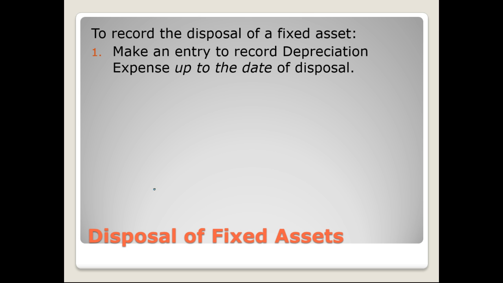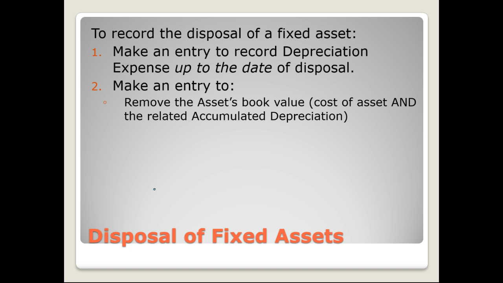The end of the company's normal accounting period is December 31st. But even though we haven't reached December 31st yet, there has been 10 months of accrued depreciation at the time the asset was destroyed. So we need to figure out how much depreciation expense occurred up to the date of disposal.